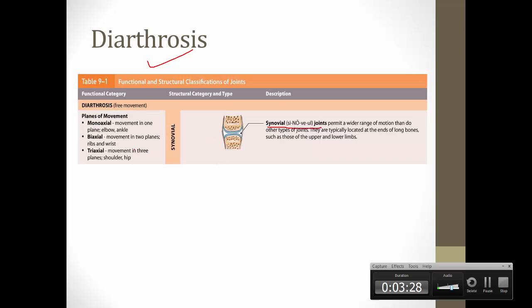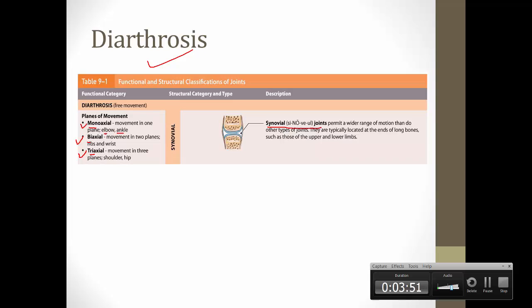We classify the diarthrosis based on their plane of movement into monoaxial, biaxial, and triaxial. And as we know, mono means one, bi means two, and tri means three. So the monoaxial allow movement in only one plane, just like your elbow joint and the knee joint.